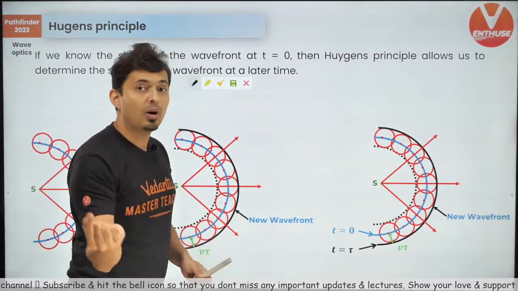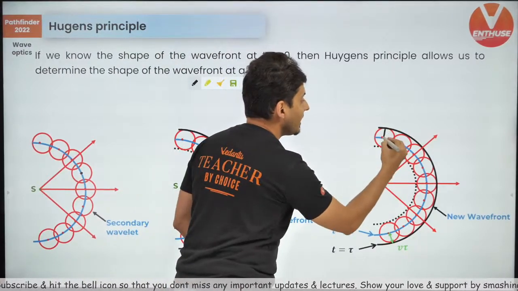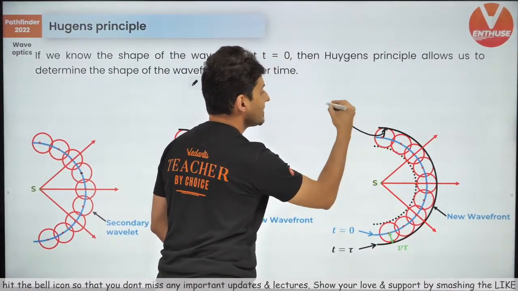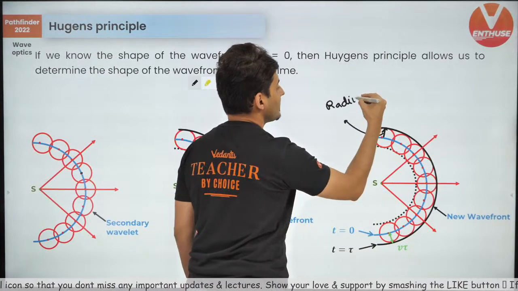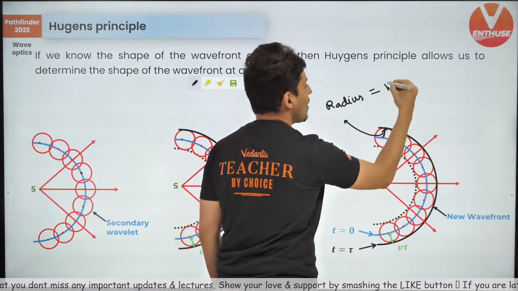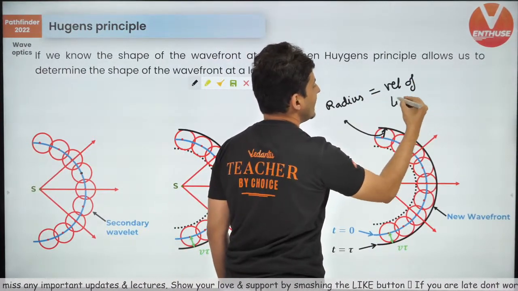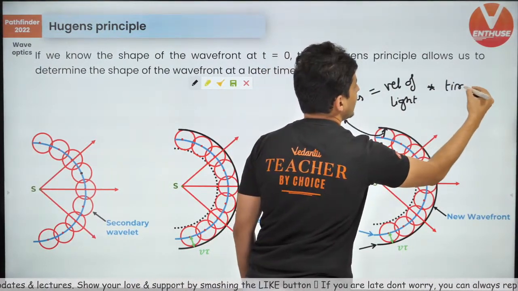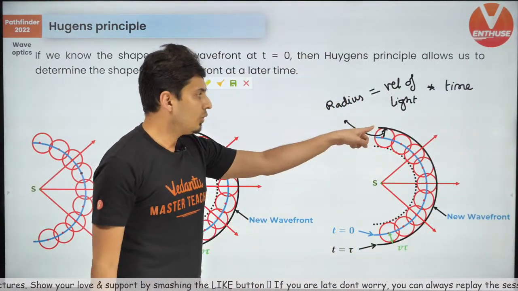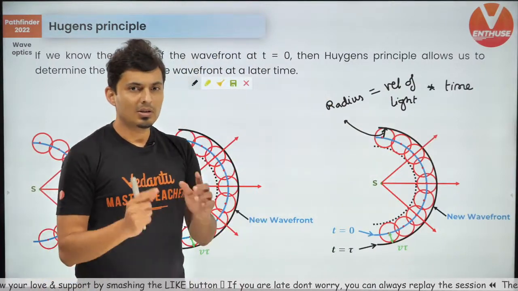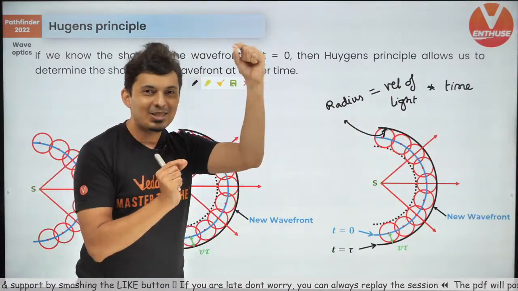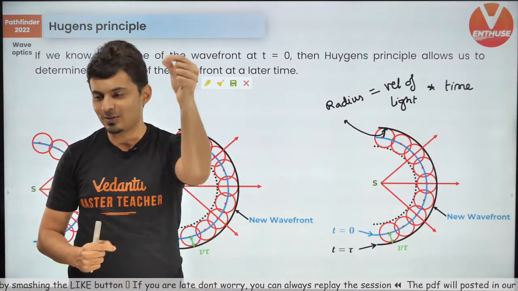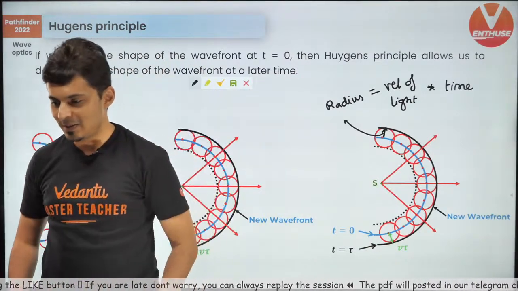So if you wait for time t, this radius will be nothing but the velocity of light into the time that you wait for drawing the new wavefront. So speed into time gives you distance. That distance is nothing but the radius of that circle. I hope this is clear.